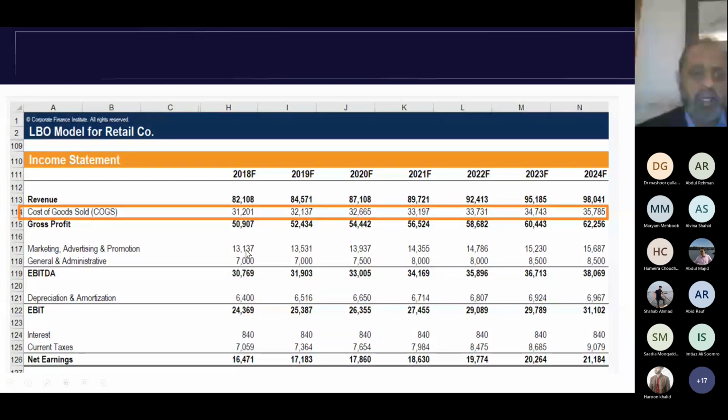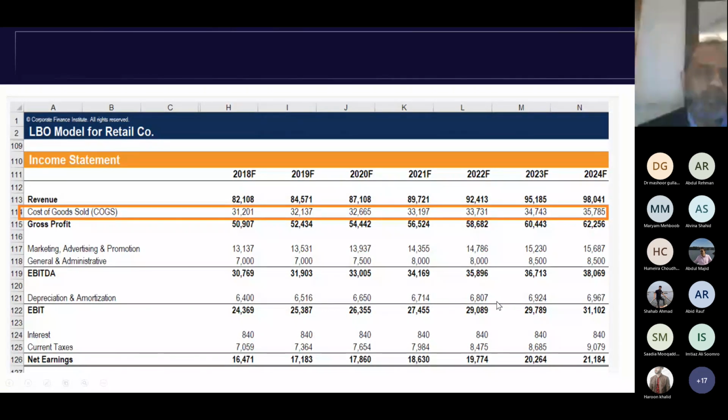And at this point you still have not taken out the interest and the taxes and depreciation and amortization. And then what you do is you take out the depreciation and amortization, which you have spread over the years, as you can see here, in dollars, around $6,000 every year. So you take this out as well.